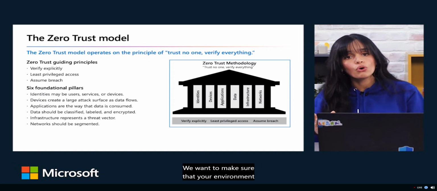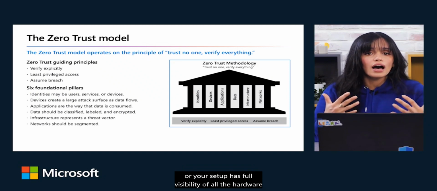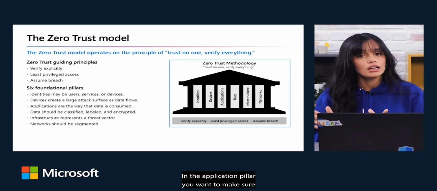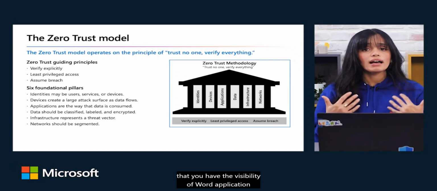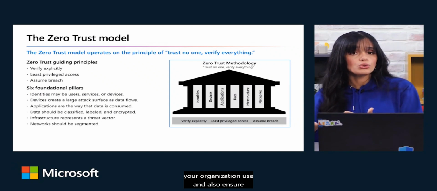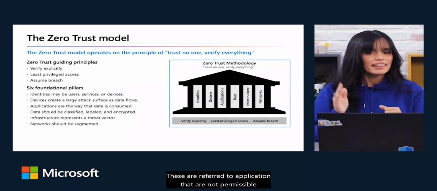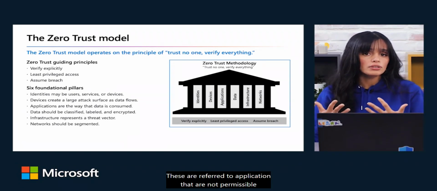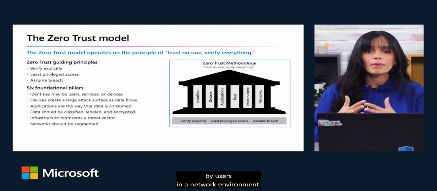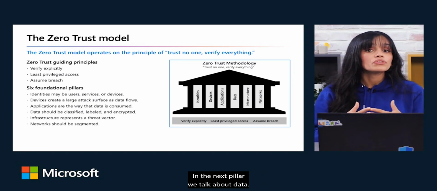And we want to make sure that your setup has full visibility of all the hardware that's available within your network. In the application pillar, you want to make sure that you have visibility of what applications your organization uses and also ensure that there are no shadow IT applications. These are applications that are not permissible or unsanctioned applications that can be installed by users in a network environment.